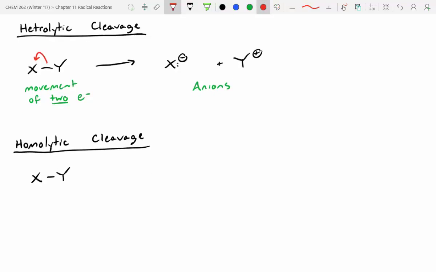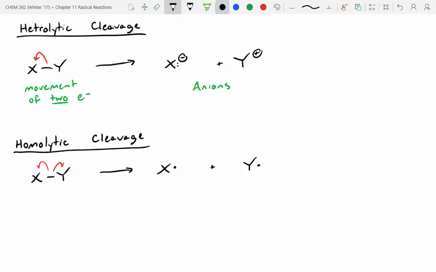And in order to show movement of one electron, we have to use different arrow notation. Specifically, we use a fishhook arrow, where there's only one half of that arrowhead. So one electron can hop over to Y, and one electron can hop over to X. When you do this now, X has one electron, and Y has the other electron.